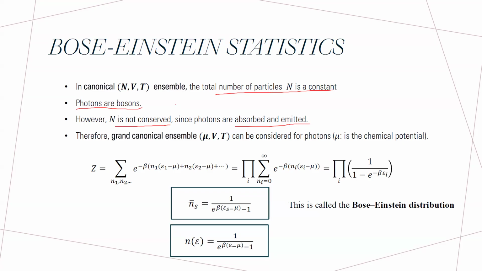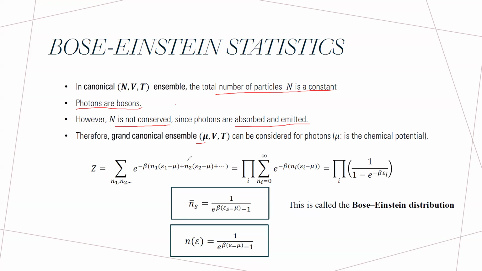Therefore, instead of considering the number of photons, we can consider the chemical potential. The chemical potential is the energy required to remove some particles from some material. So we can consider that instead of the number of photons.